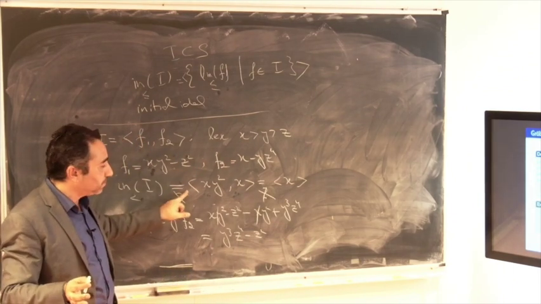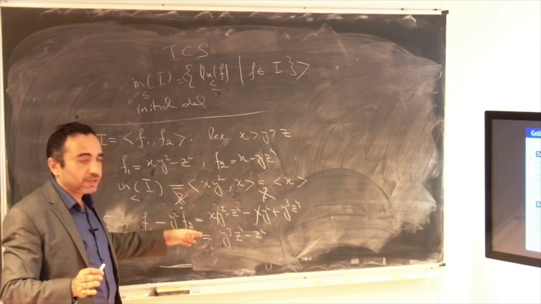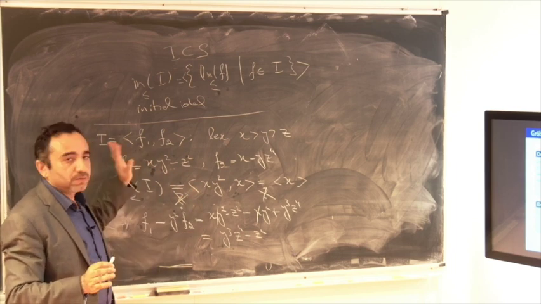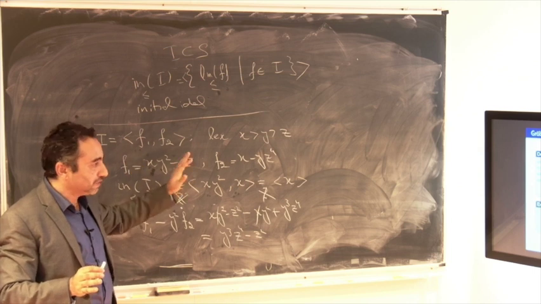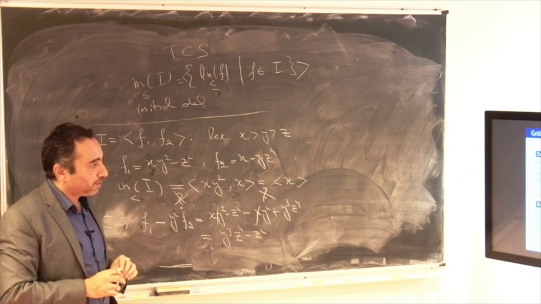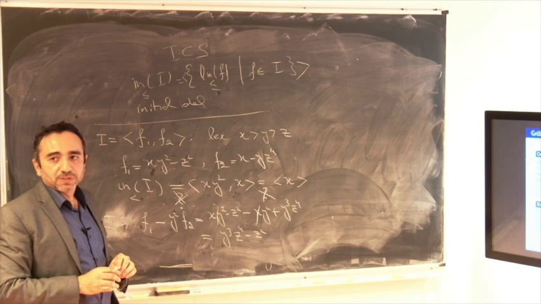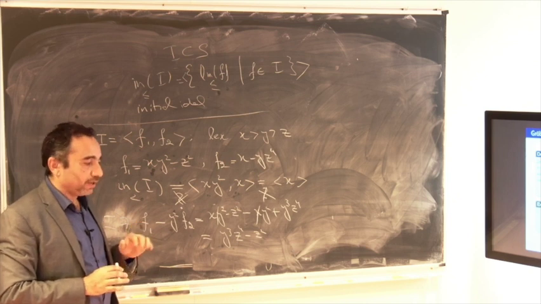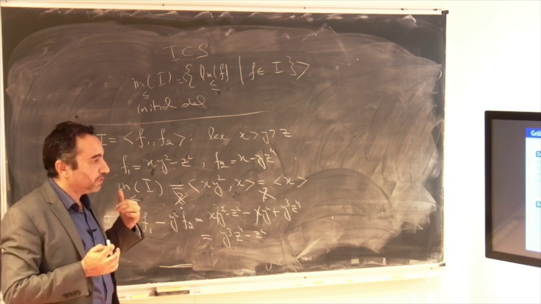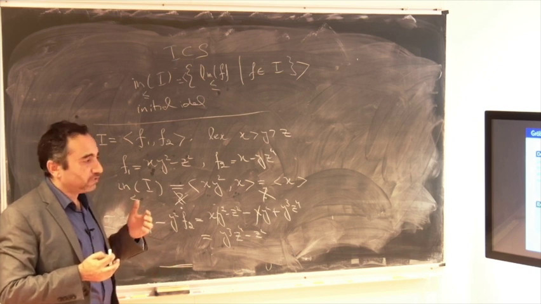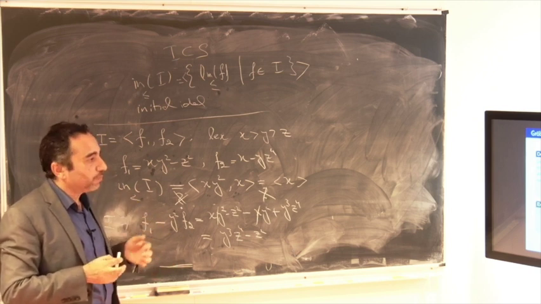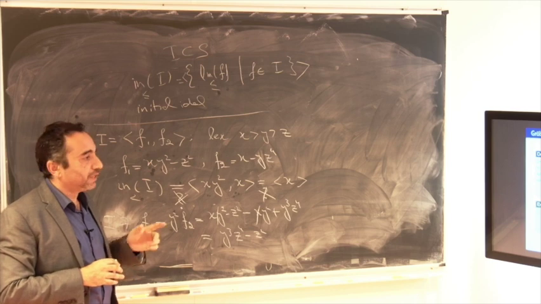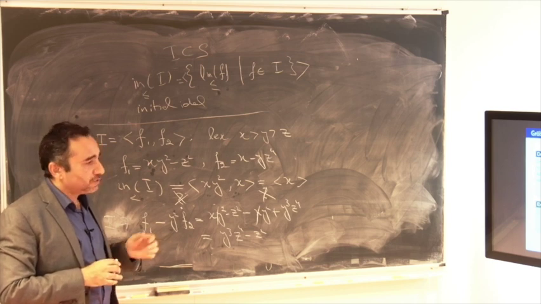Because its leading terms do not generate the initial ideal of that ideal I. So this is the definition of the Gröbner basis: there should be some generating set whose leading monomials generate the initial ideal of the given ideal. Okay, this is one thing.